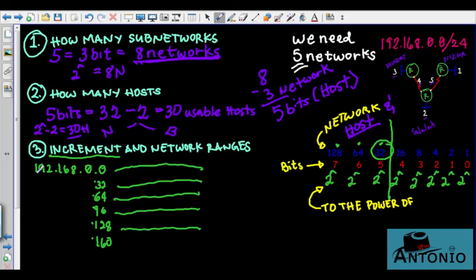I'll not write the 192.168.0 because that is constant, meaning to say that is a class C IP address, and the last octet is what will change. So I will write only the last octet here. So this is only minus. 32 minus 1 is 31. 64 minus 1 is 63.